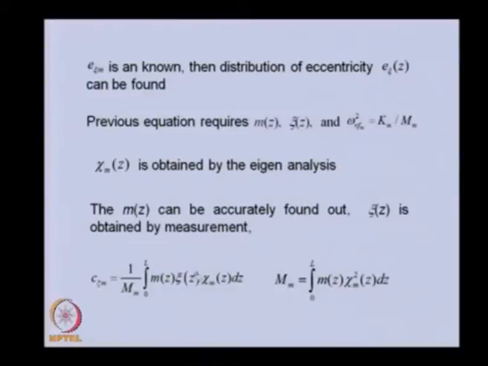This eigenfunction we can obtain for the system for the chosen boundary conditions, and the generalized mass is again expressed in terms of the mass distribution and the eigenfunction. So with the help of these quantities, we can get how the eccentricity will be distributed.